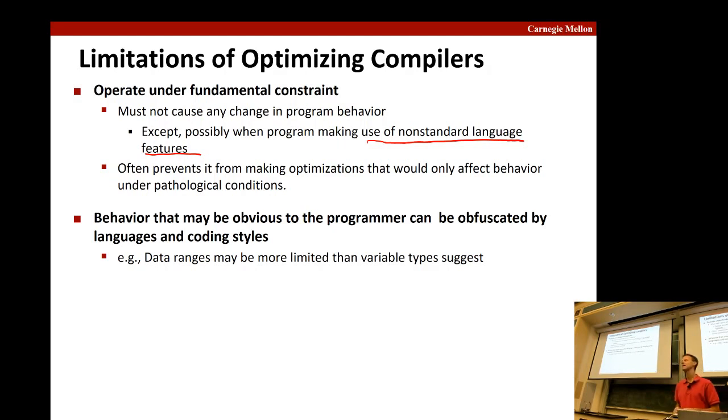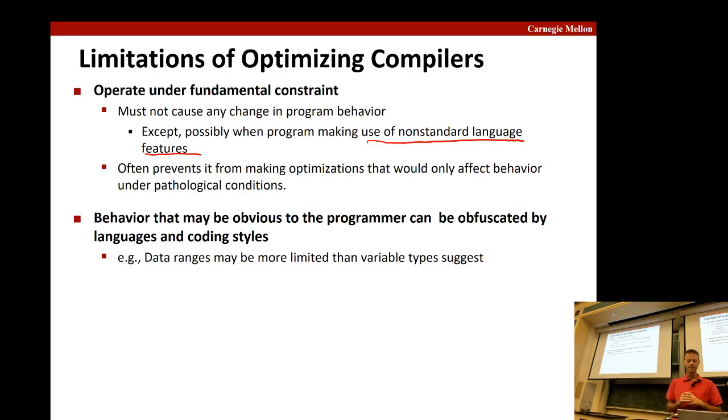And the other thing is, and we're going to talk about this in this class, there are things where you look at your code and say, this is odd. Why isn't the compiler figuring this out? Part of it is that there's information in the programmer's head or in other parts of the code that the compiler just doesn't see.